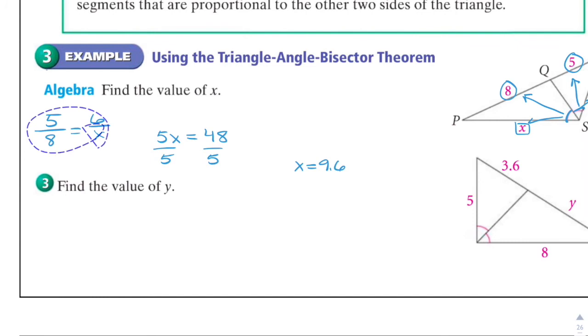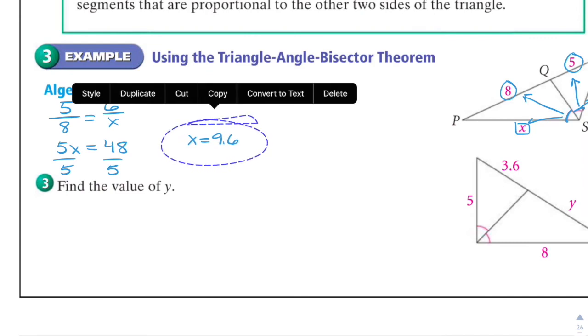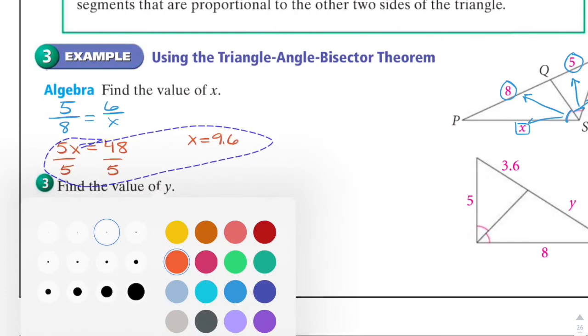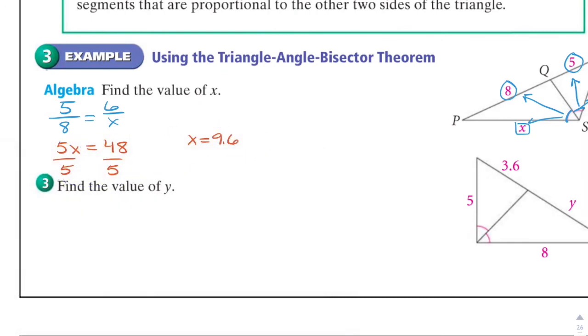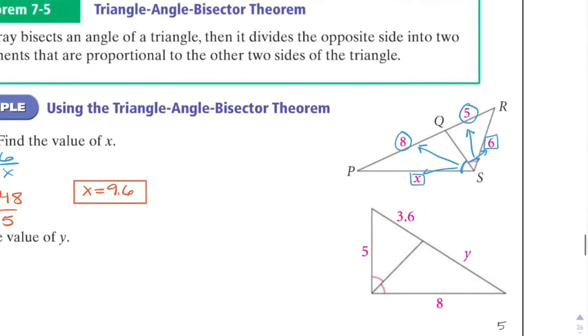But again, if you set it up differently, here, let me just move this around. If you set it up like this, 5 is to 6 as 8 is to x, that still would be okay as long as you go in the right order.